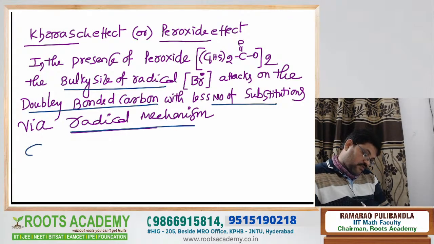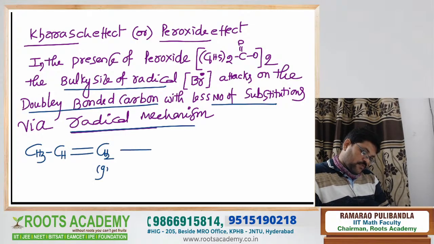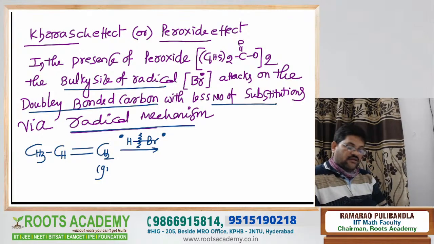Now take one example. Take the example of CH3, CH, double bond CH2, that is propene gas. To this propene, we are adding HBr, right? The bond breaks down like this, and you get H dot and Br dot.